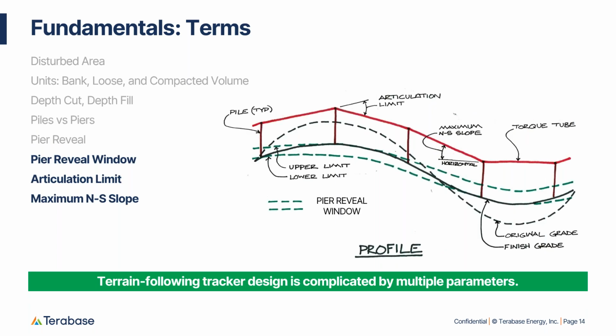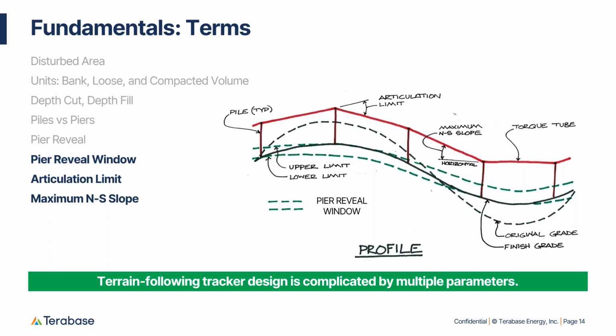All right, this one is one of the more fun ones to talk through. We have a few definitions here. If you look at the profile that's drawn on the screen, we have a dashed line that shows what the original grade is.